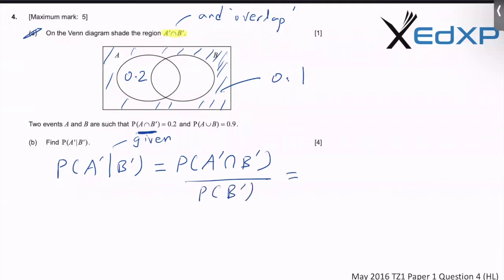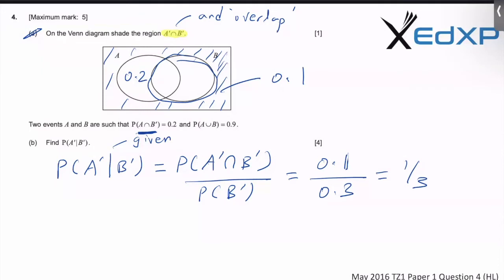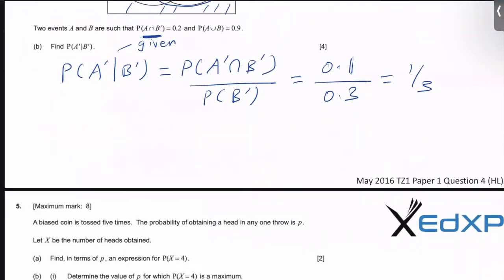And we know that the numerator is 0.1 and the denominator B prime, so not B, will have to be 0.3. Simplifying, the answer is 1/3.